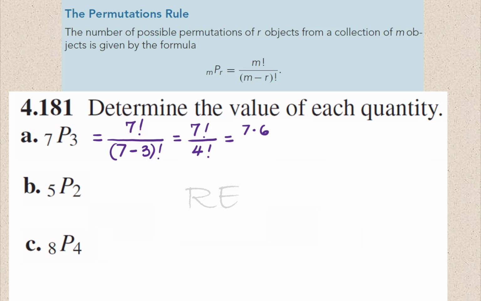Let's expand 7 factorial: 7 times 6 times 5 times 4 factorial divided by 4 factorial. Now, when we cancel 4 factorial, we get 7 for the first, 6 for the second, 5 for the third, multiplied together. This is the basic counting rule. Out of 7, permute 3. Ordered arrangement of 3.